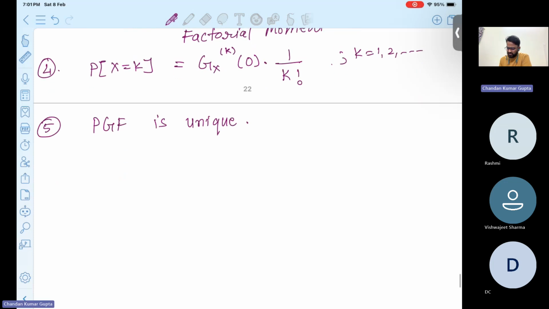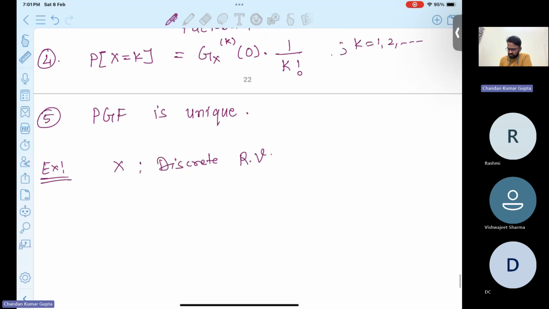We have an example as well. Suppose X is a discrete random variable and we need to calculate the PGF.